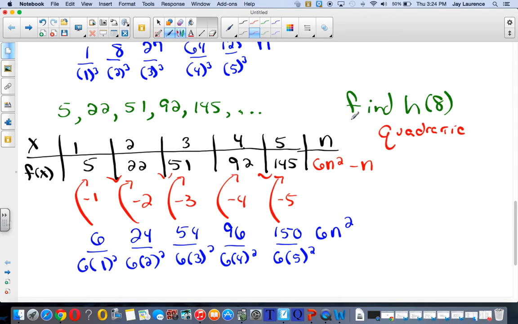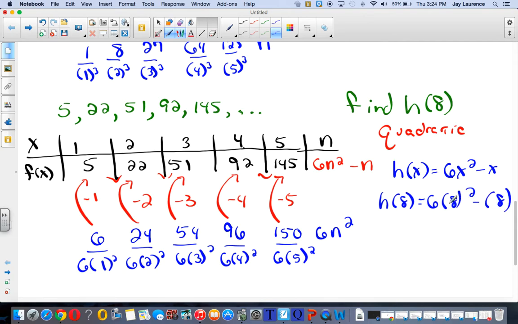And so my function, which is quadratic, will be f of, it's h in this case, I'm sorry. h of x is going to equal 6x squared minus x. Now to find h of 8, because I'm asked to, I'll go h of 8 equals 6 times 8 squared minus 8. 64 times 6 is going to end in a 4. 384, I believe.